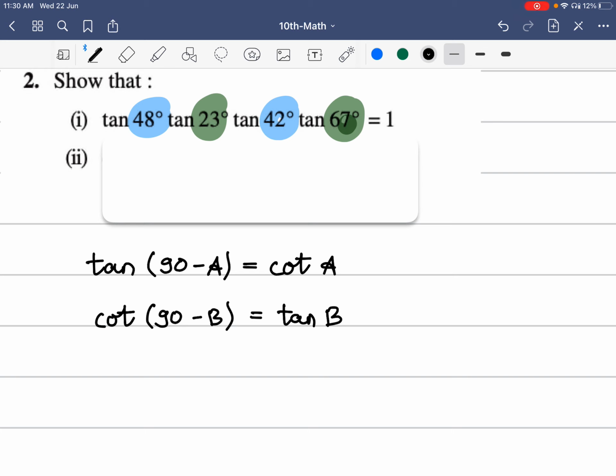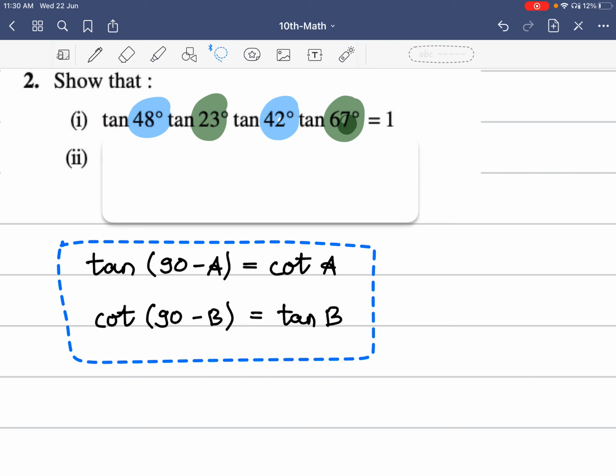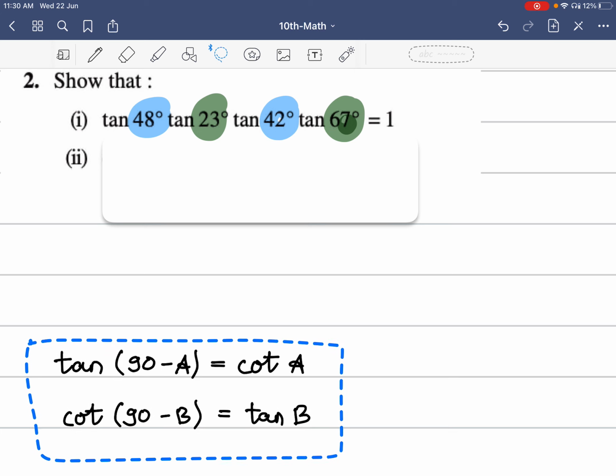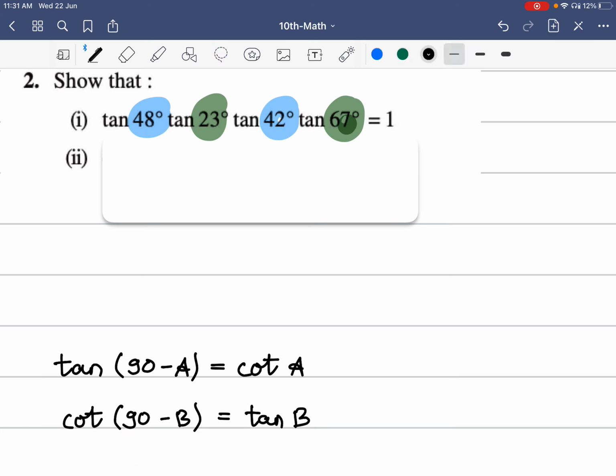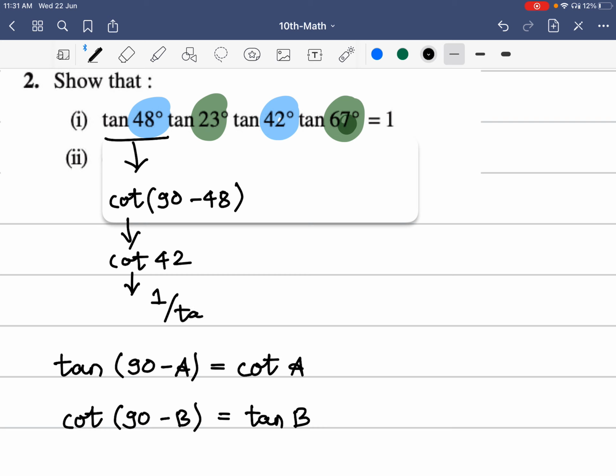Now tan of 48 will be equal to cot of 90 minus 48, and that is equal to cot of, what is 90 minus 48? That is equal to 42. And now cot of 42 is equal to 1 upon tan of 42.